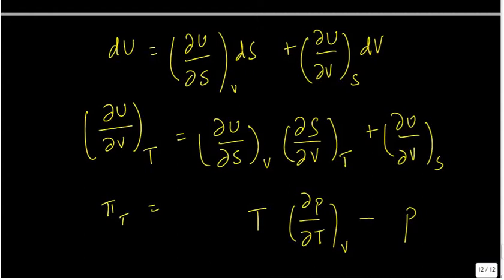Now for an ideal gas, of course, we can put dP/dT at constant volume equal to nR/V, and nRT/V is nothing but pressure, so pi T is 0. That solves it for an ideal gas.